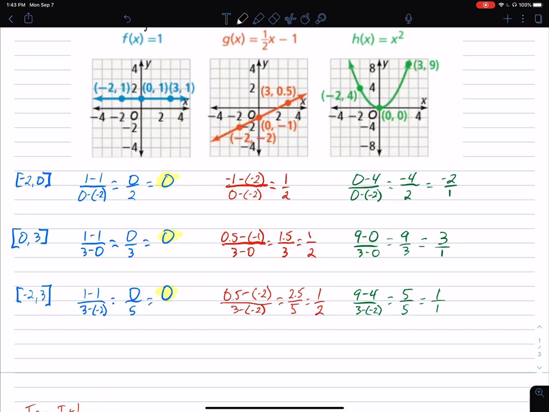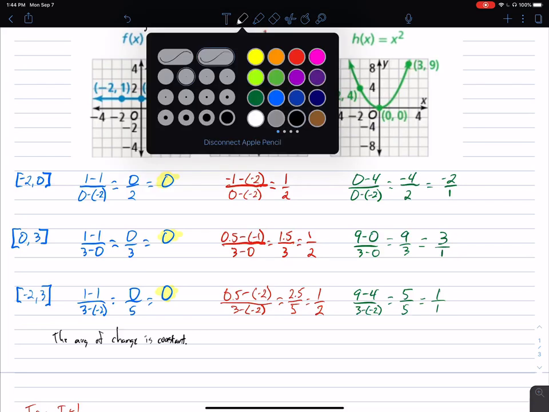Since the average rate of change is constant over every interval, what that tells me is that I'm going to have some kind of linear function. It's going to be a straight line. Now, in this case, the slope was 0, so it's a horizontal line. So average rate of change is constant. We're going to have a linear function.